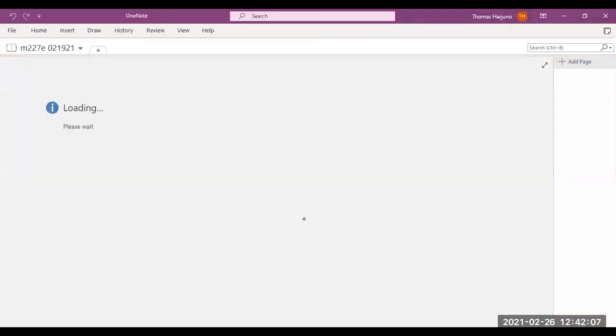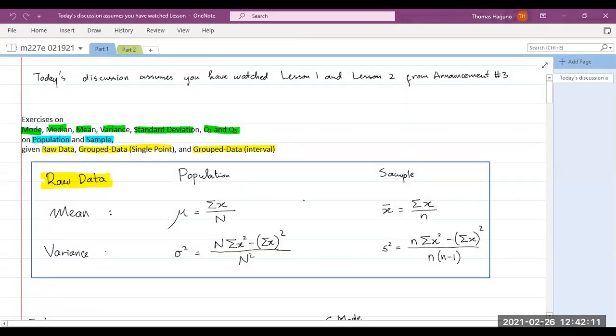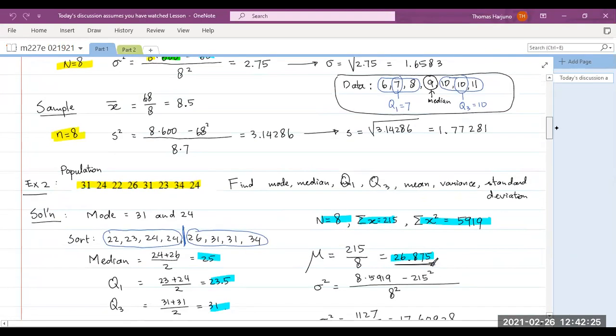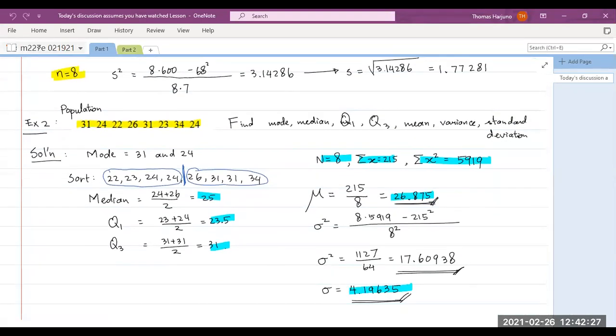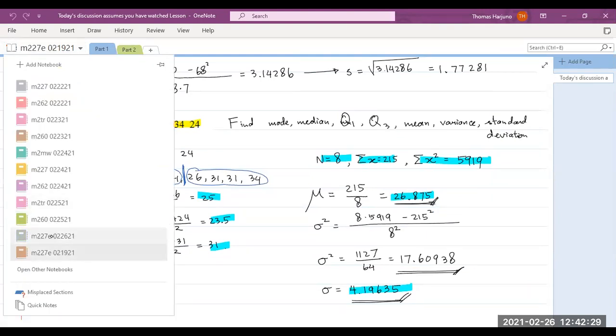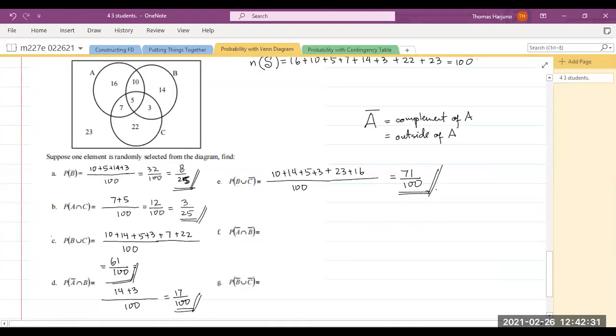Oh, no, it's not from last week, it's from lesson 3. Remember I said that I assume you watched lesson 3 already, right? If you watch lesson 3, then you see that that bar notation means complement, means outside of A.